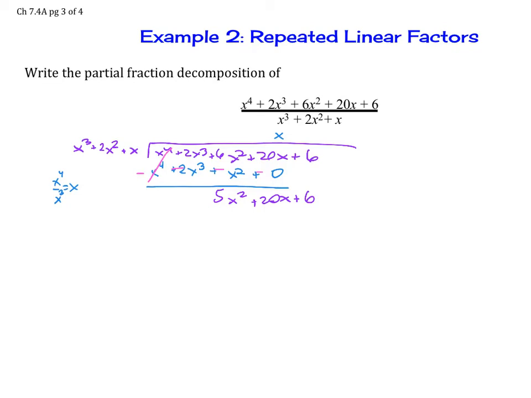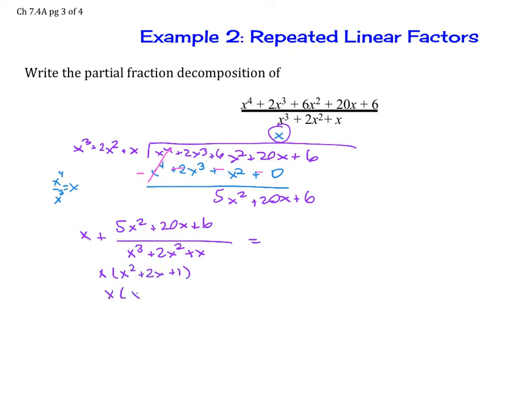So how we write this, like we did before, is x plus the 5x squared plus 20x plus 6 over the divisor of x cubed plus 2x squared plus x. So now let's factor the denominator. So this factors out an x, so this is x squared plus 2x plus 1.